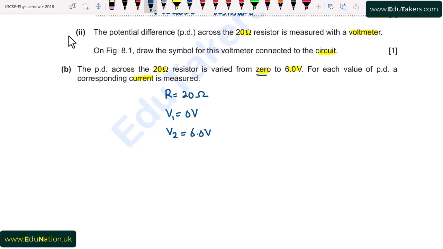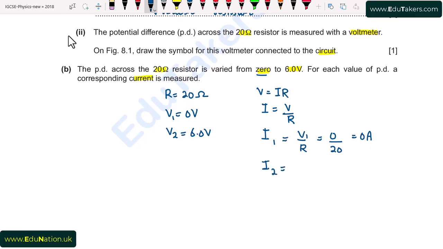We have to find out their corresponding values of current, and by using Ohm's law, V is equal to IR and I will be equal to V over R. It means that I1 is equal to V1 over R, and V1 here is 0 volt, so it will be 0 over 20. So the value of current comes to be 0 ampere.